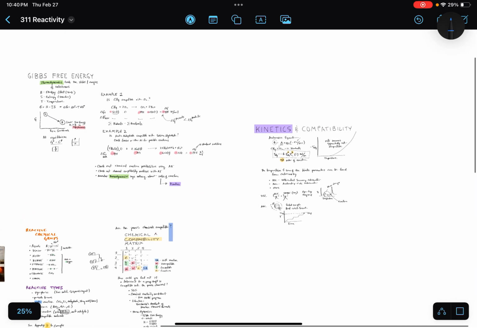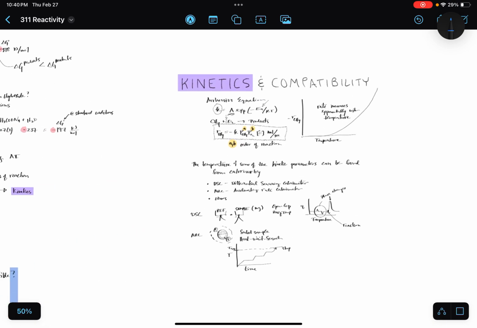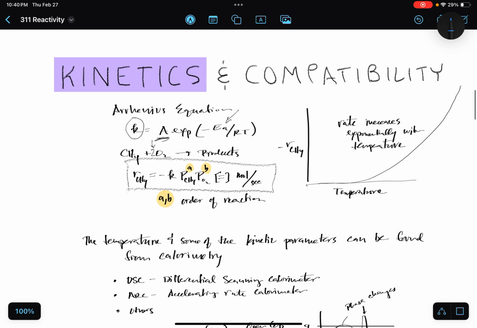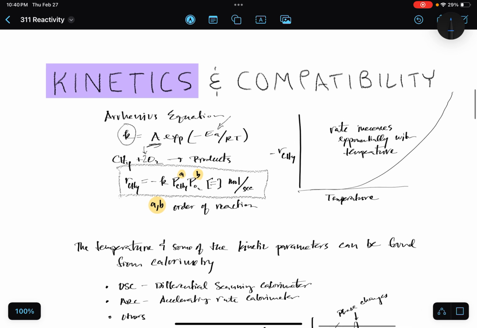So now if we switch gears and talk about kinetics, you have all learned about the Arrhenius equation, where you can indicate the reaction constant K is proportional to a pre-exponential factor A, and the exponential of the activation energy, EA, divided by the gas constant times the temperature.